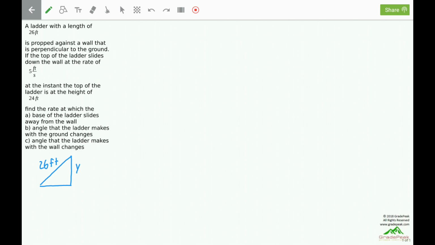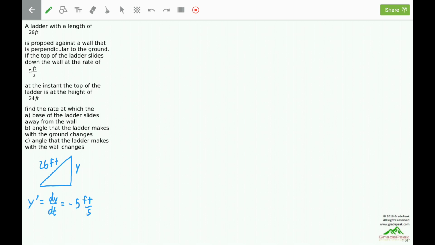And we have a rate at which that's sliding down. Y prime, or dy dt, is given as a rate of 5 feet per second. However, y is decreasing in length as that top moves downward. Y is going to become a smaller length. So the rate is a negative 5 feet per second.